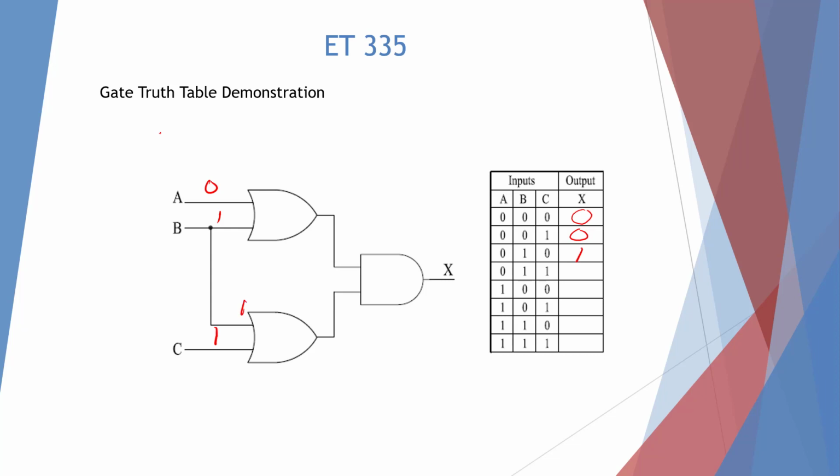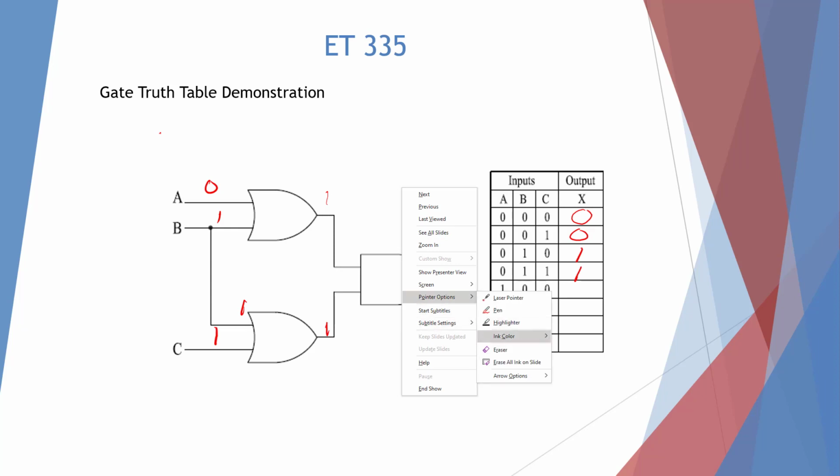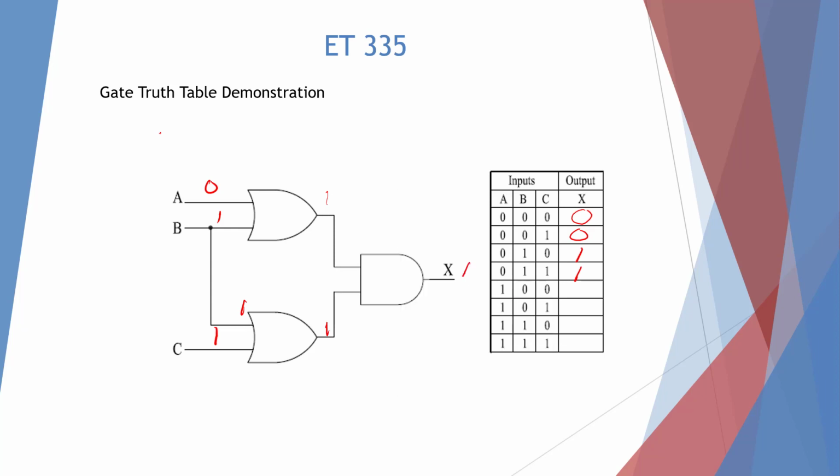And this guy will be a 1, 1, 1, 1. Bring out the eraser. And then we have a 1 on A, 0, 0, 0. So this is a 0, and that's a 1, and the output would be a 0.